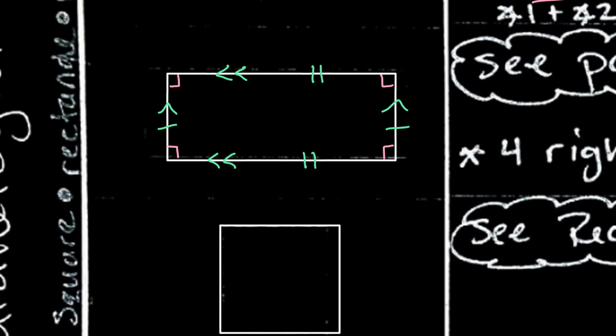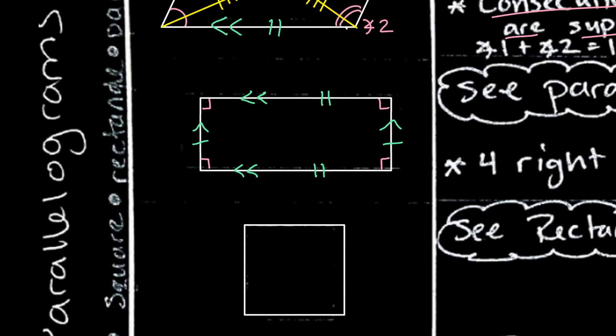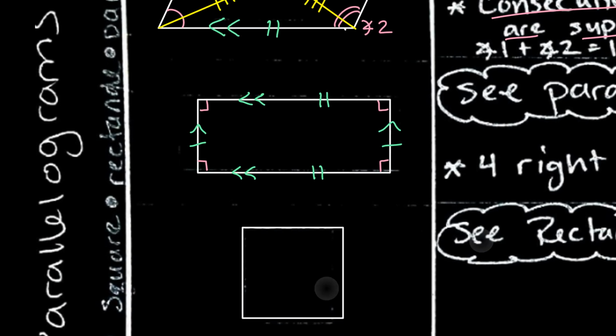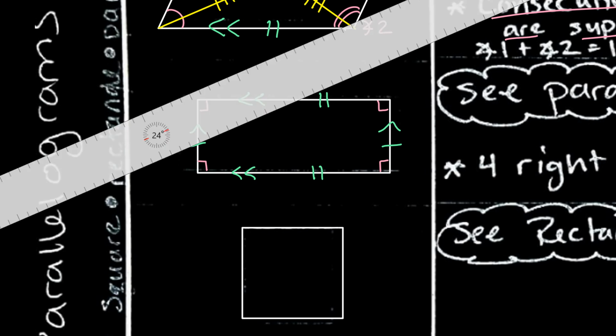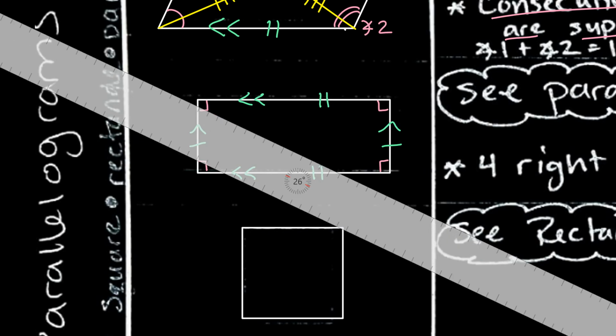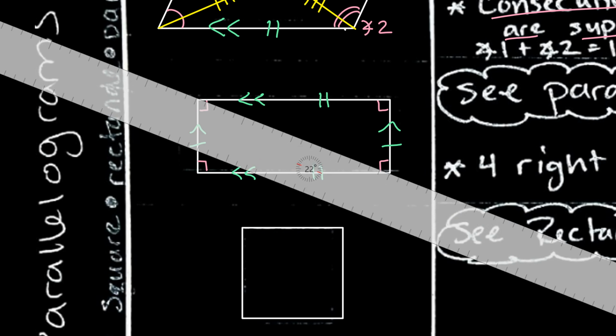Nothing changed there. And then we're going to draw our diagonals, going from corner to corner, vertex to vertex.